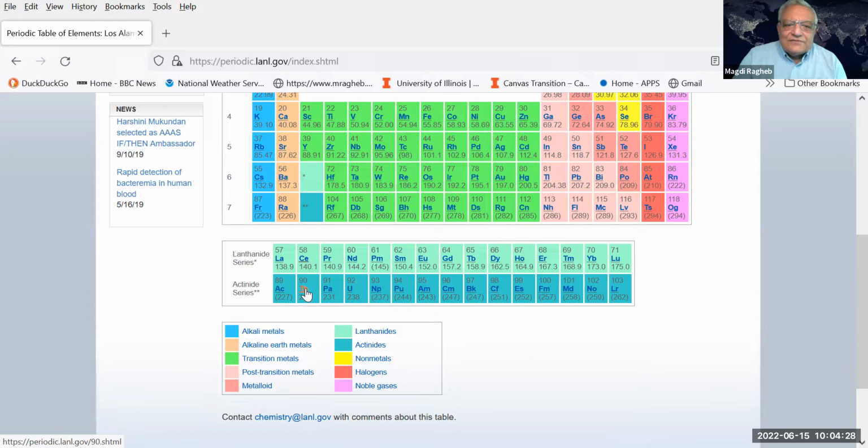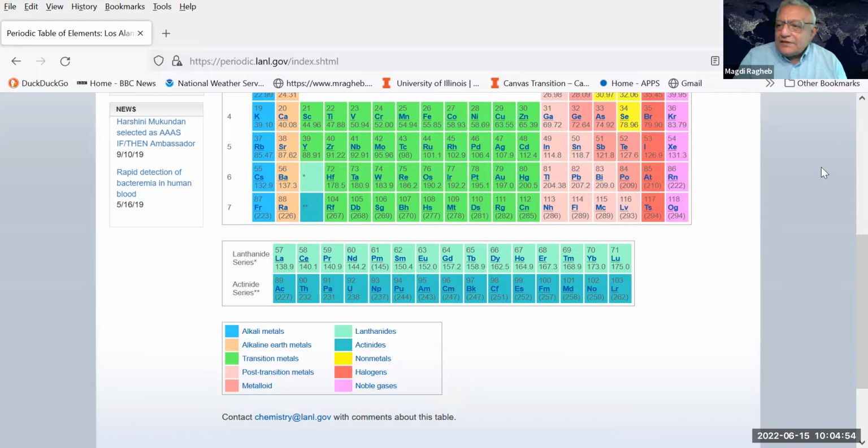But other elements like thorium, protactinium, neptunium, americium, curium, berkelium, californium, einsteinium, fermium, mendelevium, nobelium, and this is lawrencium, I think. And they keep discovering more elements, but our concern is going to be uranium, thorium, protactinium, neptunium, and plutonium.